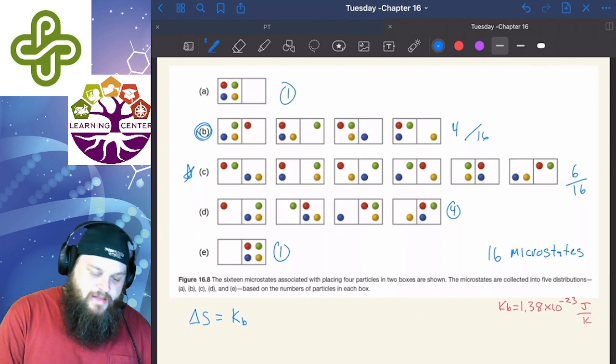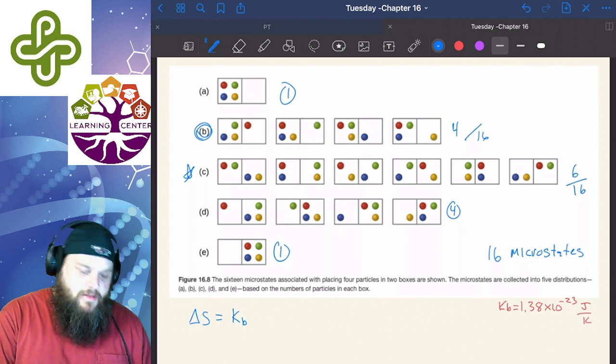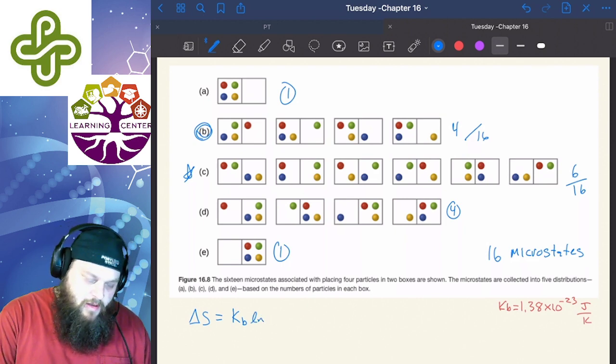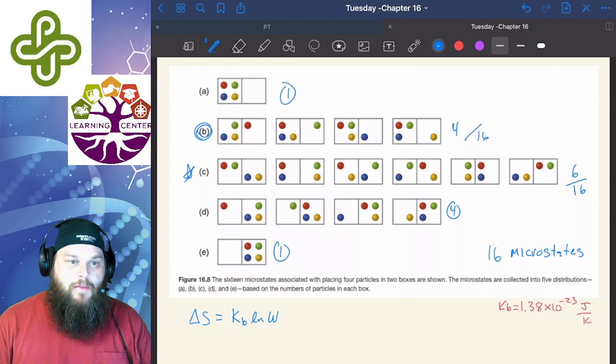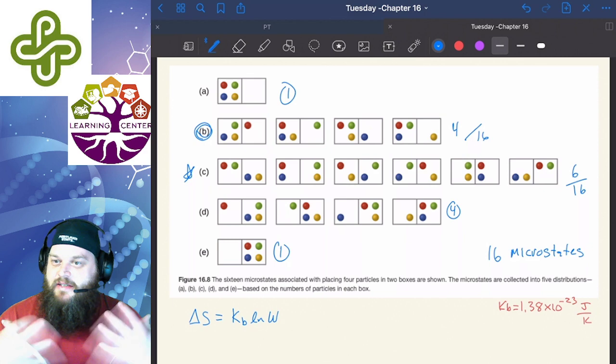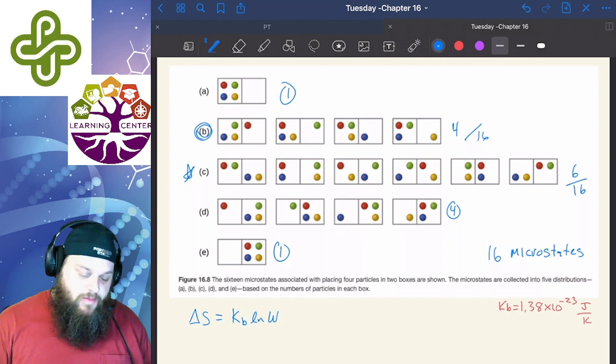So delta S is equal to the Boltzmann constant times the natural log of W. And W is the number of microstates that we have there, essentially, what microstates that has in relation to the whole.